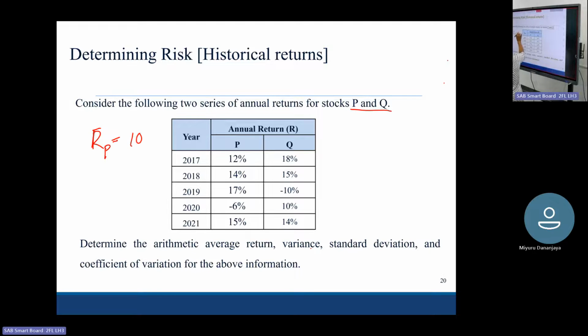So now calculate the variance. Don't worry about the formula, you will follow the process. The variance of P is equal to the sum of annual return minus average return, squared. After the deviation, I will show you the formula.